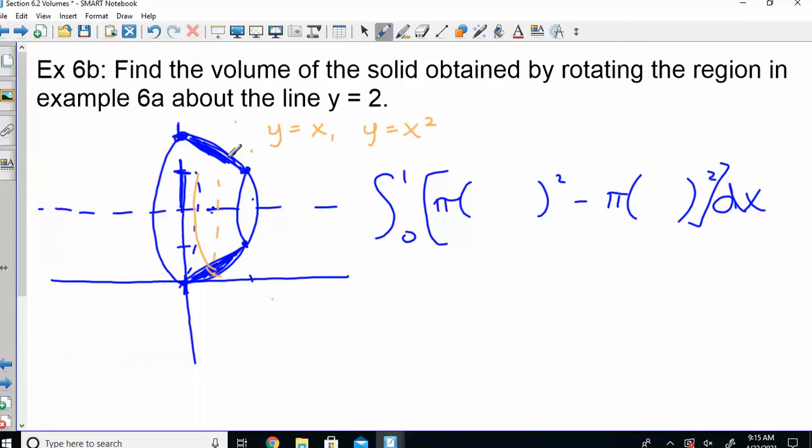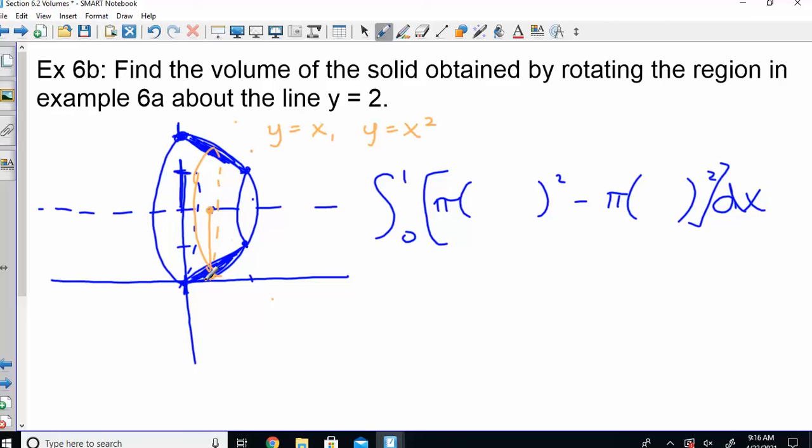Okay, so if I measure from my center, you can go either way. If I go down, the outside is the parabola. If I just said y equals x squared, that would only take me up to here, wouldn't it? What do you want? You want to start at 2 and go all the way down to x squared.